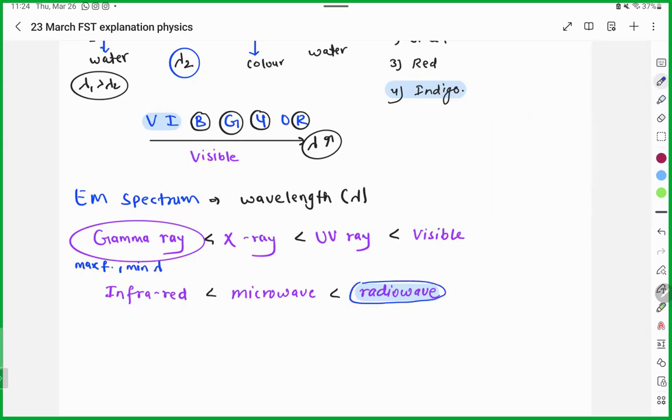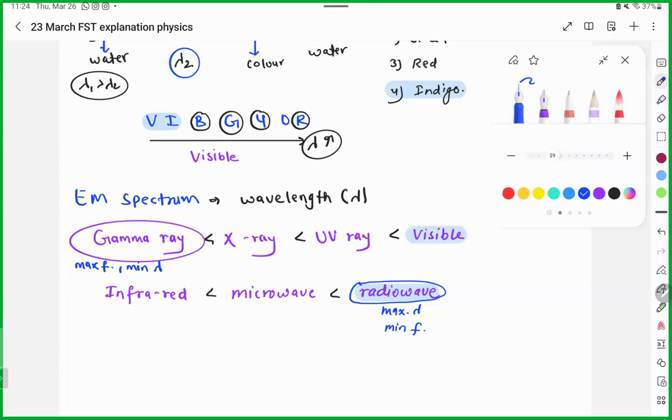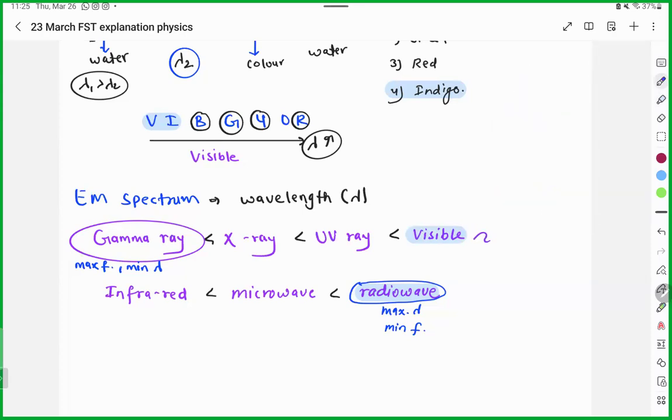Radio wave has maximum wavelength and minimum frequency. Understood? So from gamma rays to radio wave, wavelength is increasing. Wavelength is also increasing within visible. Correct? Visible is further divided into 7 colors, VIBGYOR.